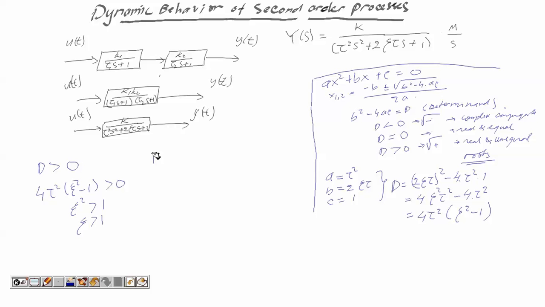The second case is D equal to 0, meaning that 4 tau square times zeta square minus 1 is 0, then zeta square is equal to 1, or zeta equal to 1. And the third case, D less than 0, then 4 tau square times zeta square minus 1 is less than 0, or zeta square less than 1, or zeta less than 1.